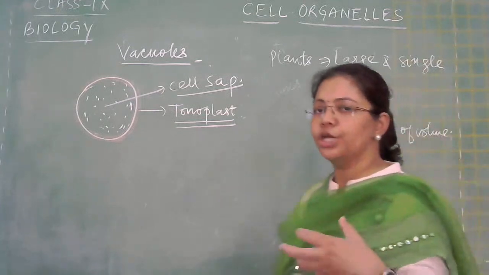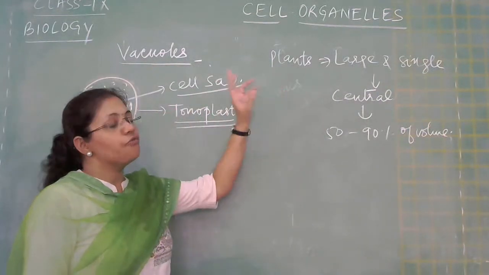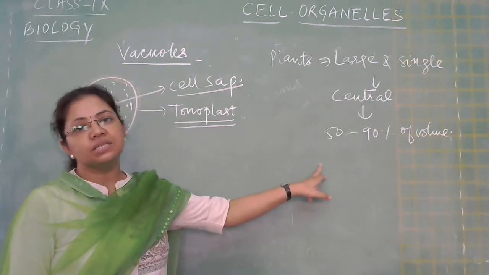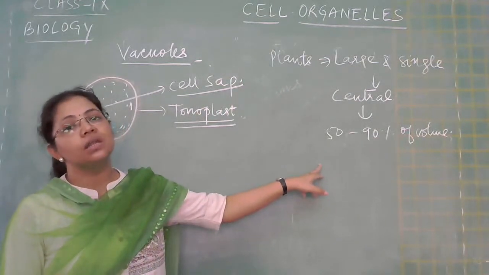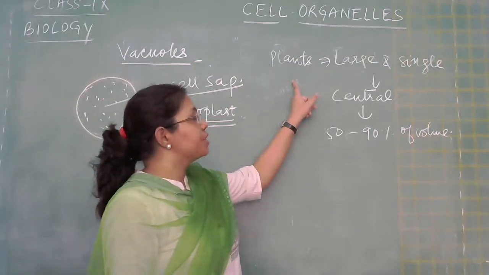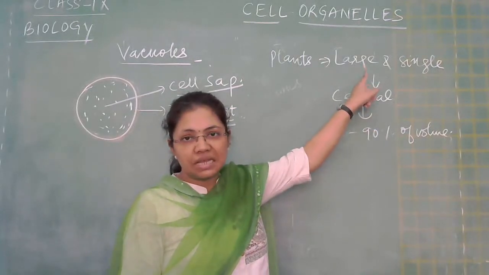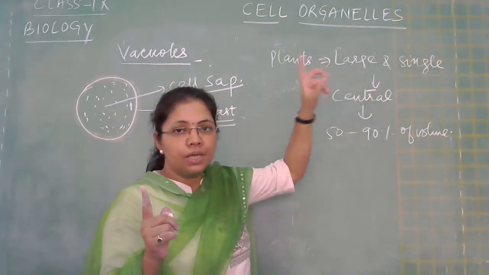That's why I told you in the lecture that in plant cells the vacuoles are considered the largest cell organelles, right? So in plants, vacuoles are generally large in size, central in position, and single in number.